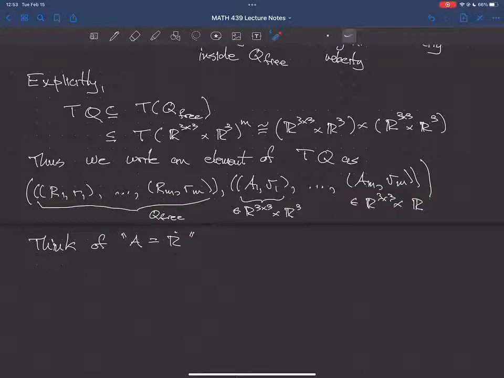So I have big R, little r, and I have M copies of those. And then I have A's and V's, and the way you should think of these is as being velocities. A is the big R component of the velocity, i.e. R dot, and V is the little r component of the velocity, which is little r dot.